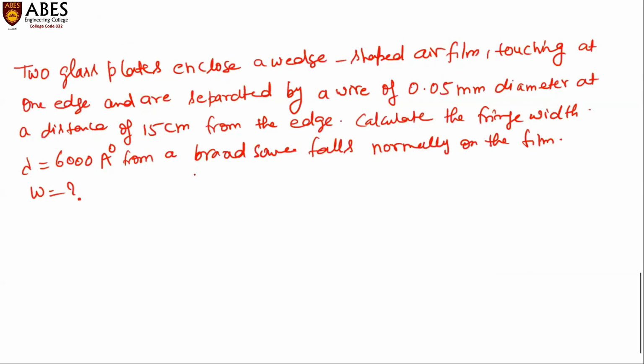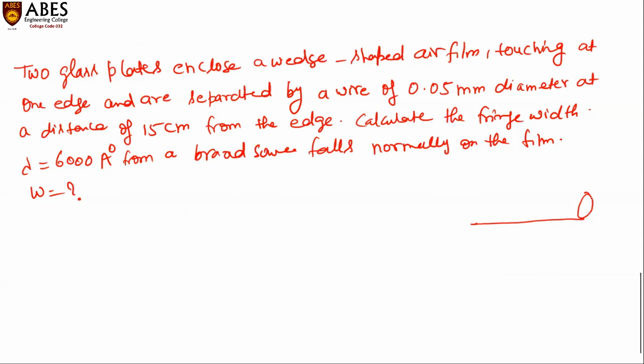Okay, for this we have two glass plates enclosing a wedge-shaped air film, touching at one end and separated by a wire of 0.05 mm diameter at a distance of 15 centimeter from the edge. These are the two glass plates, separated by a wire.